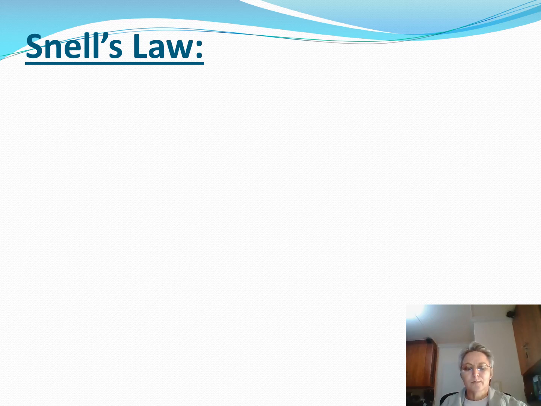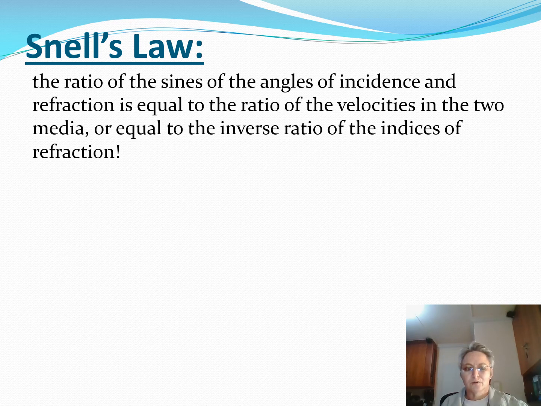Snell's law is a ratio between the speeds and the sines of the angle of incidence and angle of refraction. So the words are as follows. The ratio of the sines of the angles of incidence and refraction is equal to the ratio of the velocities in the two media, or equal to the inverse ratio of the indices of refraction.